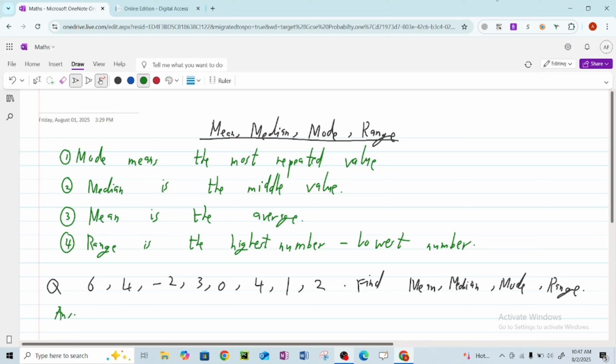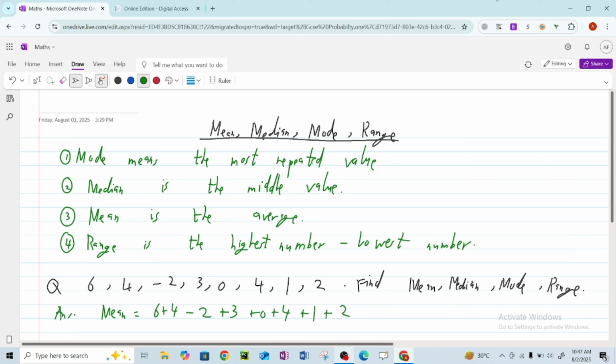Now, okay, let's first start with the mean over here. Okay, now look, the mean is going to be the average, but let's first add them. What's the average? 6 plus 4 minus 2 plus 3 plus 0 plus 4 plus 1 plus 2.